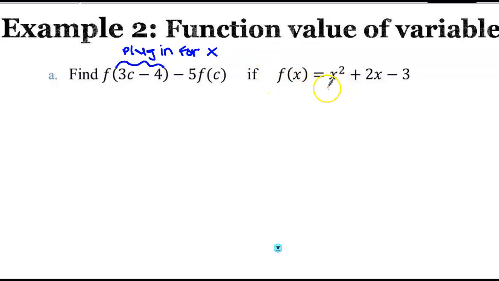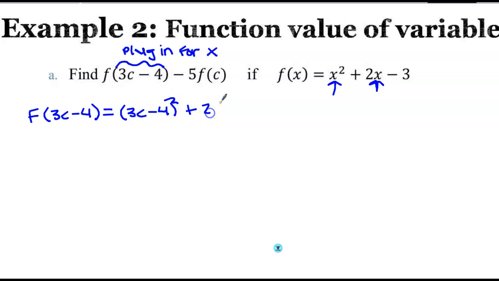So in this equation over here, everywhere I see an x, I'm going to replace it with 3c minus 4. f of 3c minus 4 equals 3c minus 4 squared plus 2 times 3c minus 4 minus 3.